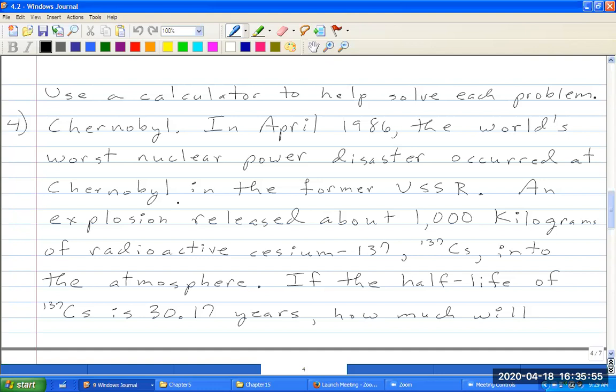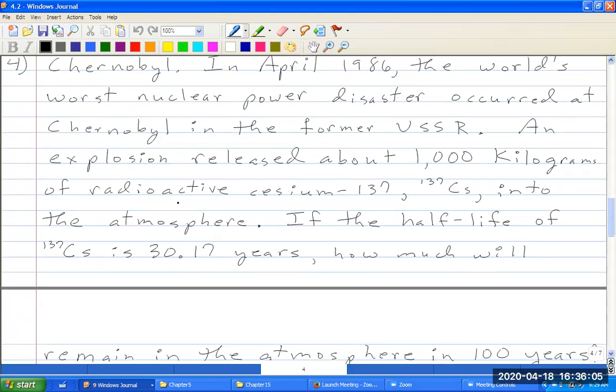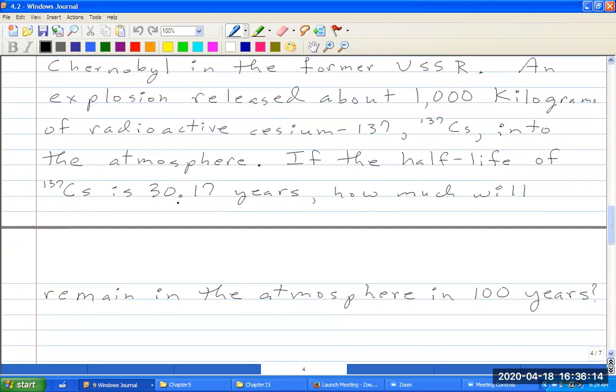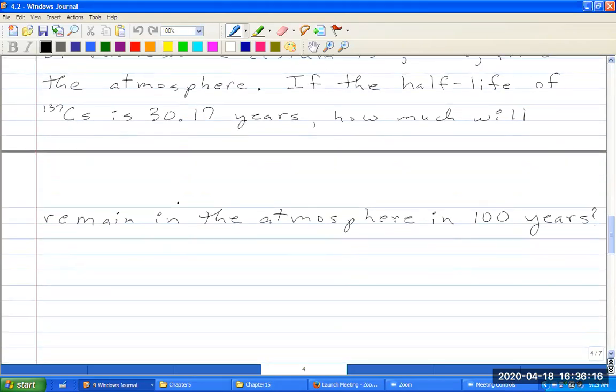An explosion released about 1,000 kilograms of radioactive cesium-137 into the atmosphere. If the half-life of cesium-137 is 30.17 years, how much will remain in the atmosphere in 100 years?